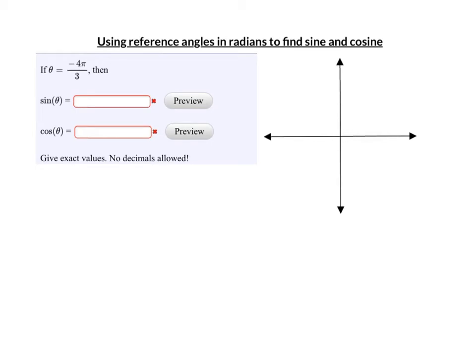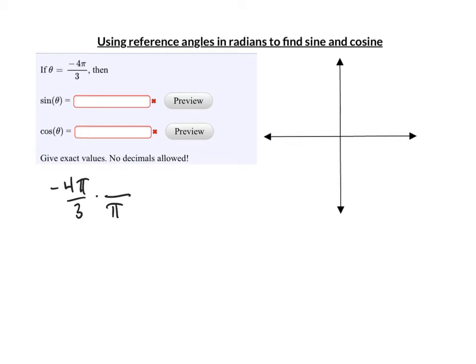Another example of finding sine and cosine using our reference angle in radians, another negative angle, negative 4 pi over 3. First thing we're going to do is convert that to degrees, so we know what that is. And negative 4 pi divided by 3, we're going to convert that, and we need that pi to go away because it's in radians, and I want to make it degrees.